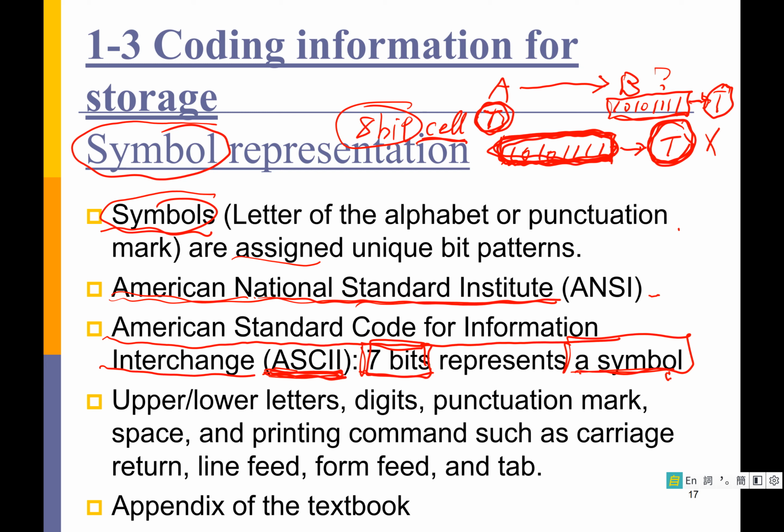The main reason is that, as human beings, especially in America or Western countries, the symbols are not that many. 7 bits is sufficient to define the symbols they are using.